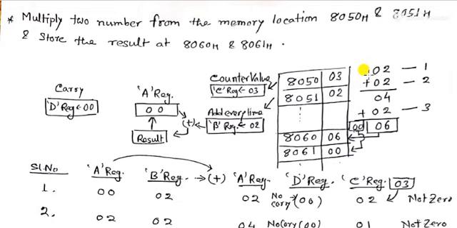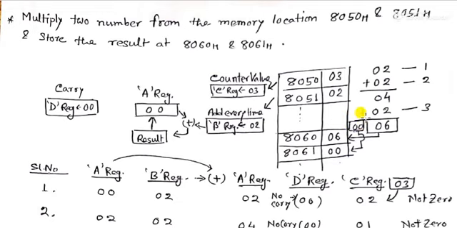Suppose 02, 02: when 2 is added two times, the result will be 04, and when 02 is added three times, the result will be 06, which is my desired result. If the result value exceeds an 8-bit number, then you can store the carry bit in the 16-bit result, that is at location 8061.